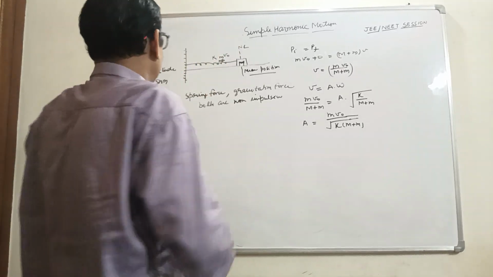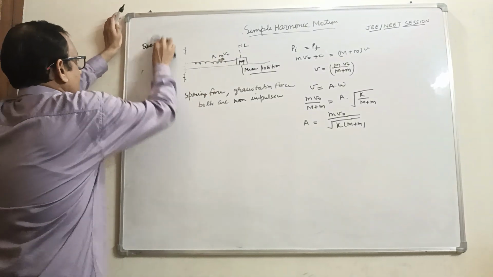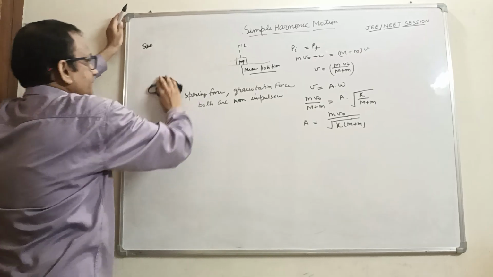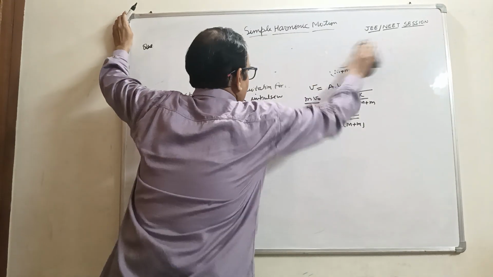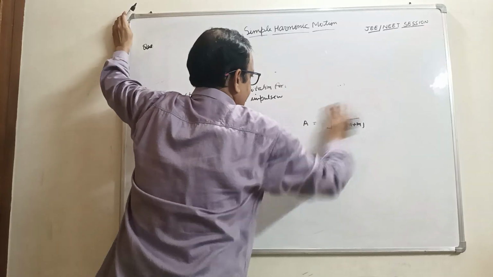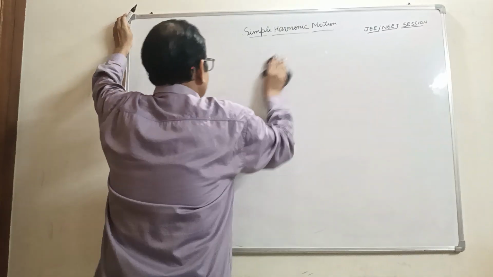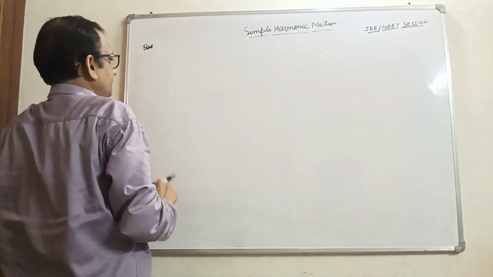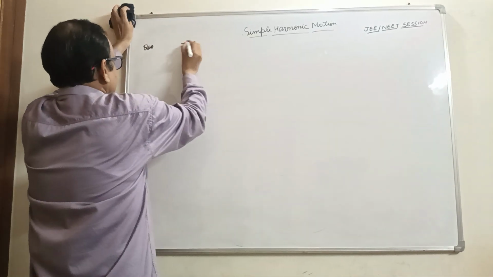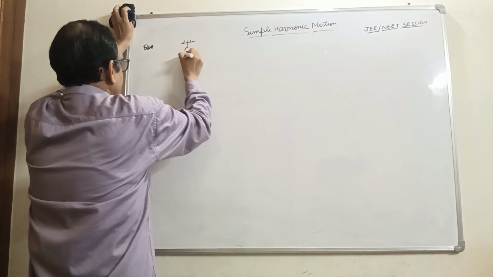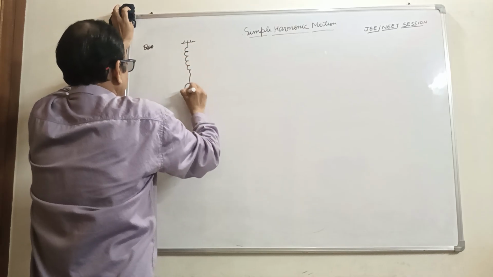And another problem. In this problem we have to find the time period of the system. This is a system with a spring and a pulley attached.